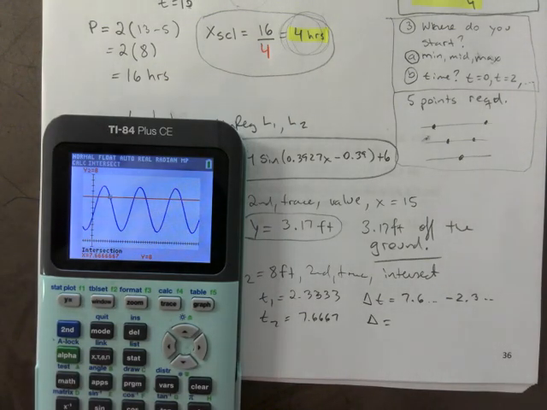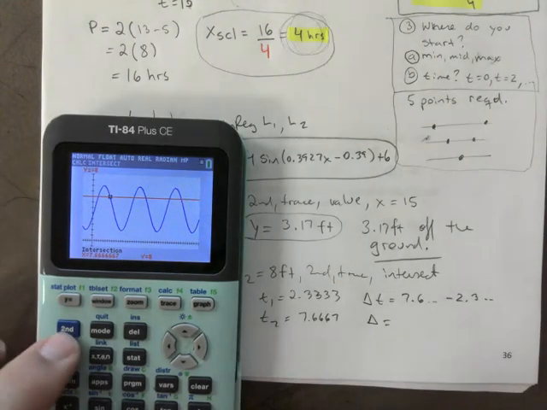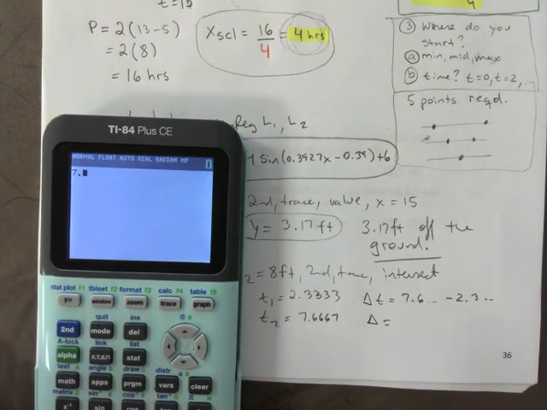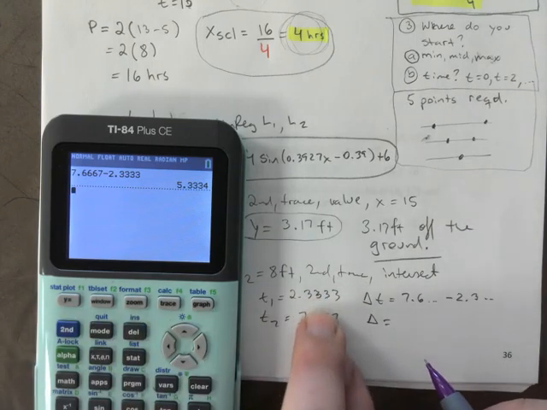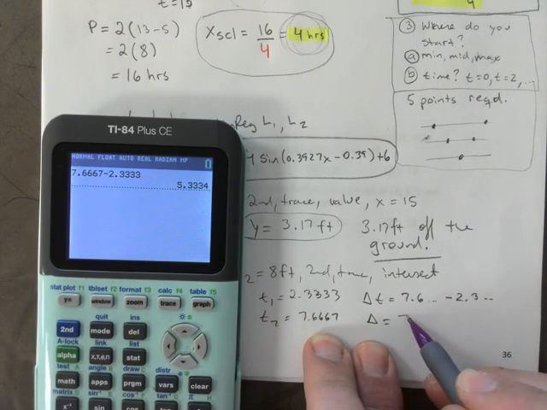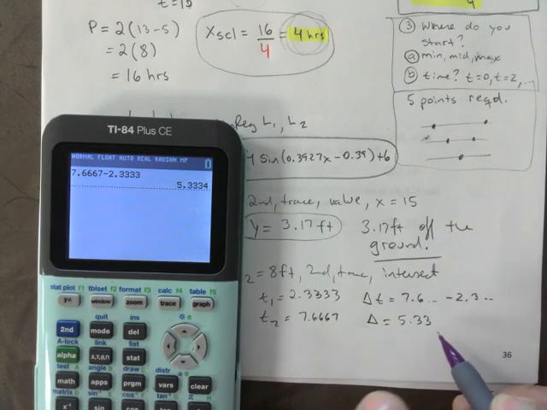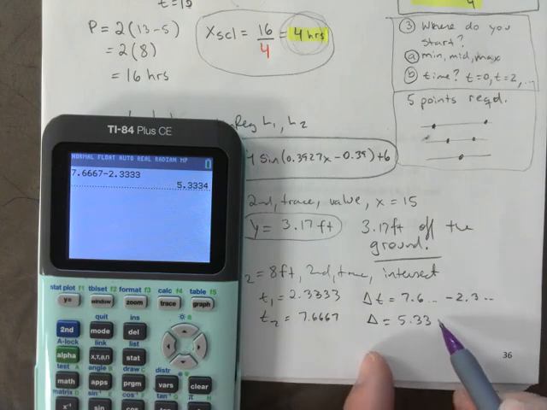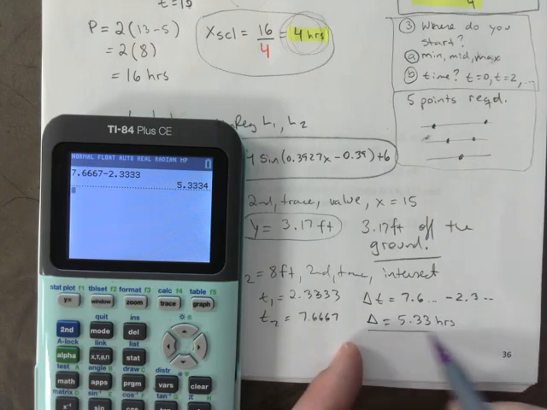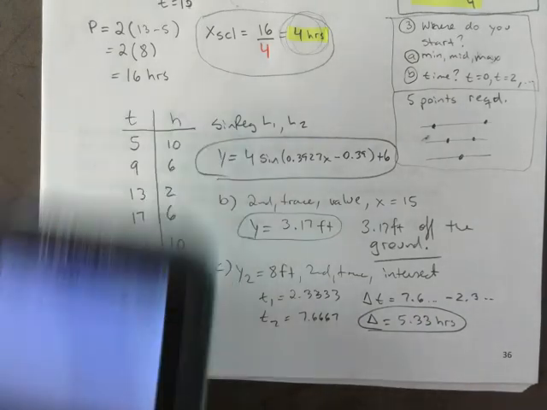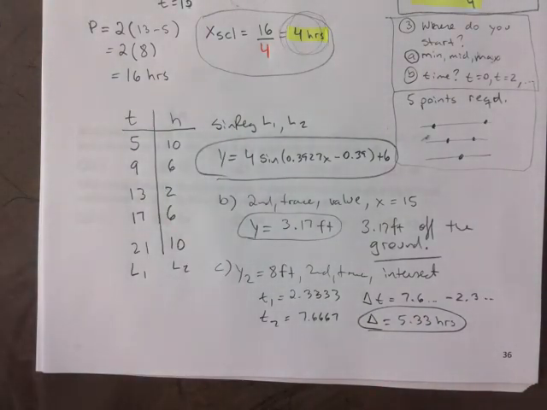Okay, good. We're good. Thought I got it wrong here. 5.3333. And if you want full marks, make sure you use more than just 2 decimals when you write these down. And what are we in? This is our time is in hours, right? So it's 5.33 hours.